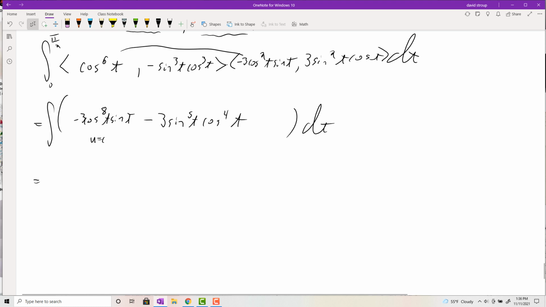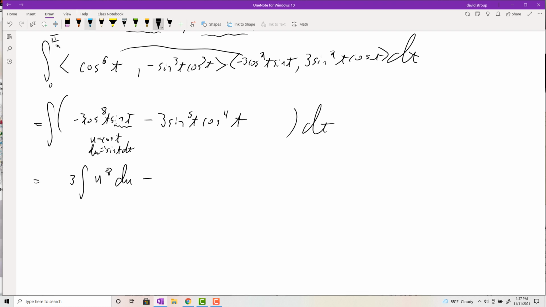For the first one, u sub: u is cosine t. The derivative will be negative sine t dt. So this portion will go away, and you'll just have some integral of u to the 8th, but there's a negative floating around as well, so that becomes positive, with du. And then minus.